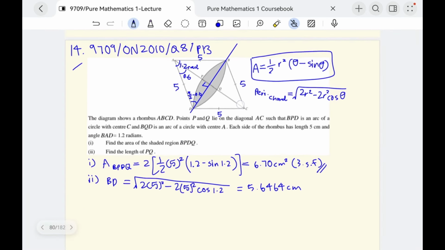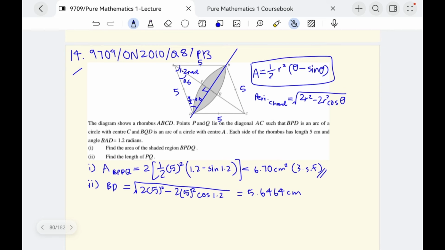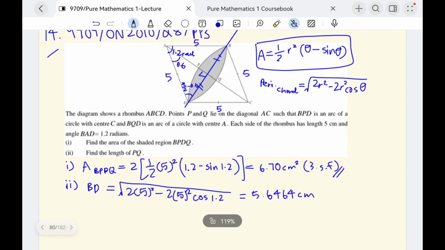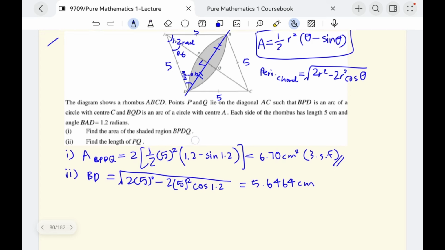So let me find this length first. For this diagonal, they bisect each other, where this intersection is the midpoint of the rhombus, which means these two sides are equal in length. So let's find AC first, which is twice this length.